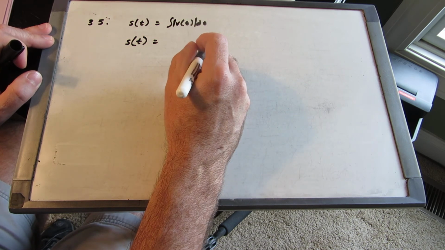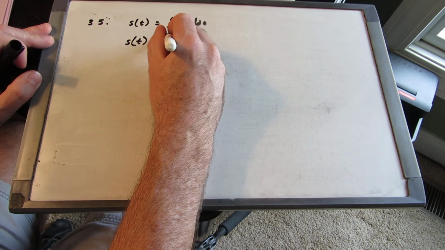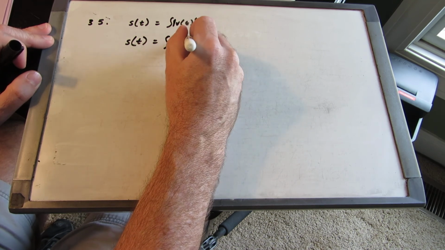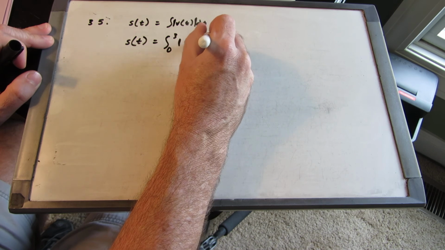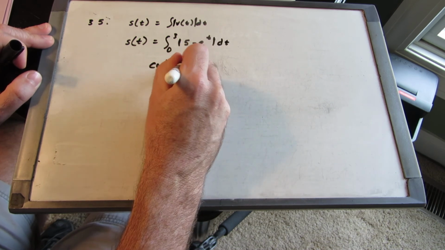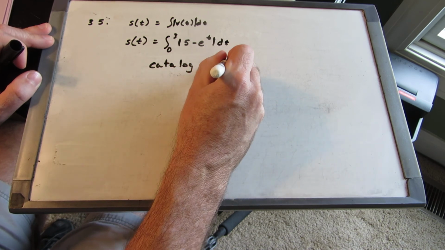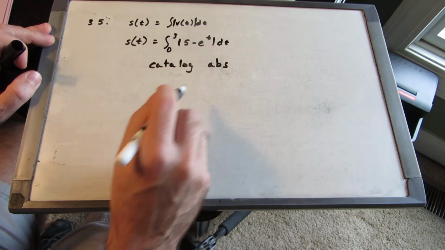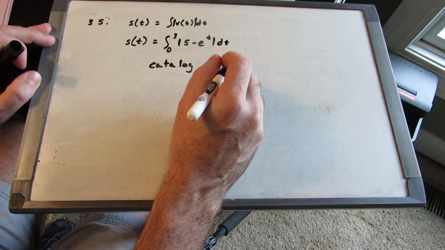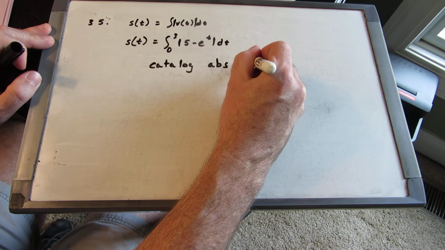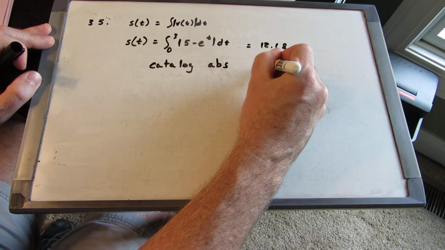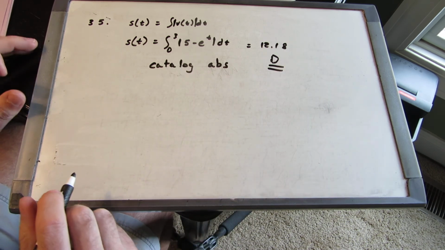So s of t is going to be the integral of the absolute value from 0 to 3 of 5 minus e to the t dt. You've got to use your catalog on your calculator and pick ABS when you plug that in. The answer when you do that is 12.18, which is selection D. So go ahead and give that a try on your calculator.